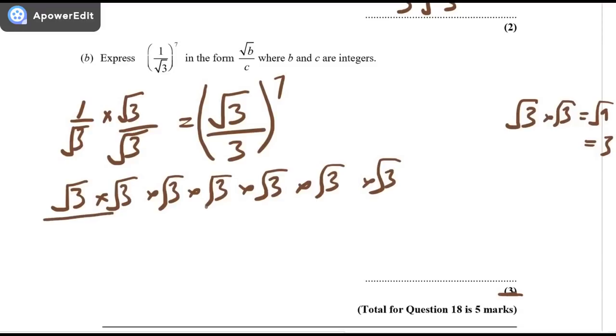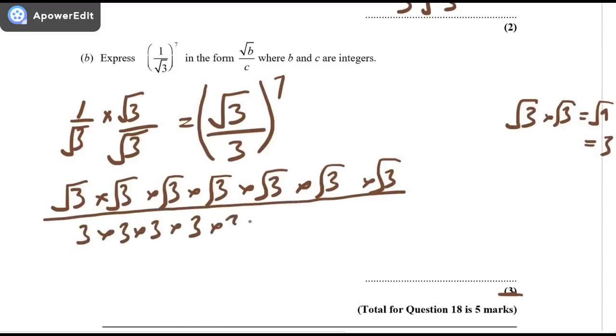I'm going to write underneath 3 seven times as well, 1 2 3 4 5 6 and 7. Now we need to simplify this, because we need to write it in the form asked. Now it looks like this. So root 3 times root 3, I told you what this is going to be, it's 3, isn't it?